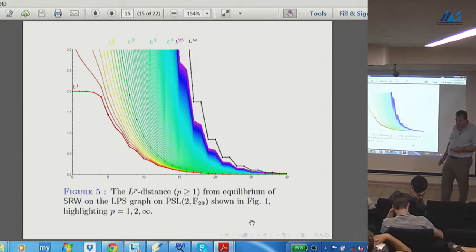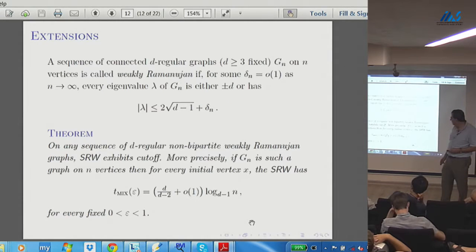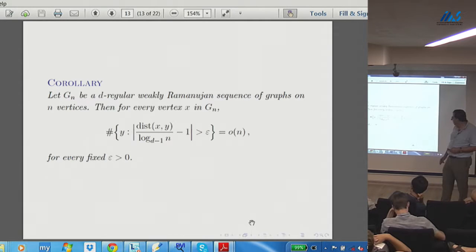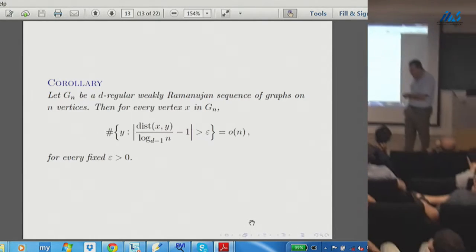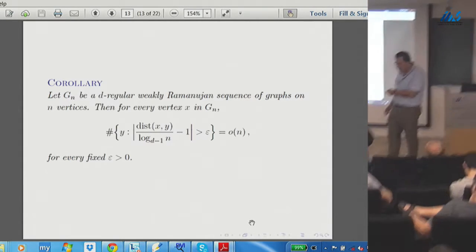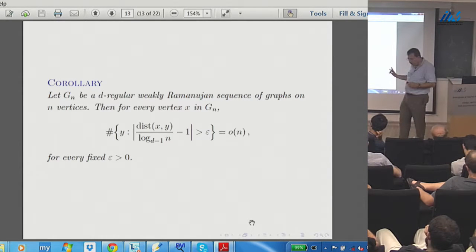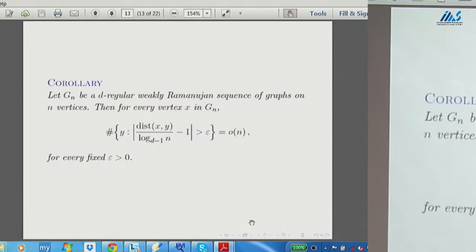Yes, I see what you mean, on the previous slide. So the dispersion is actually order 1. And this is in fact very easy. It's true for any expander. It just follows from concentration of measure that the dispersion is order 1. The non-trivial thing is where it is concentrated. But the dispersion just follows from the fact that in expanders you have concentration of measure for the distance.